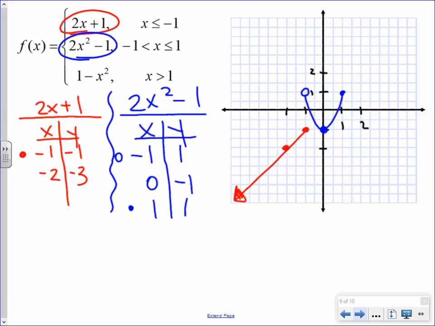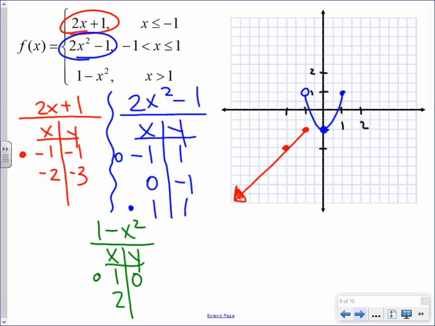And last but not least, we have the piece 1 minus x squared. That begins at x is 1 and gets bigger. Now I know that 1 is not included, which means we're going to put an open circle there, but we still have to begin there. So what happens when we plug in 1 to 1 minus x squared?